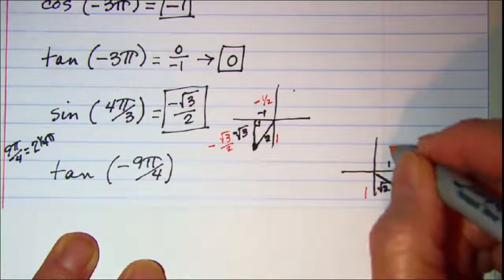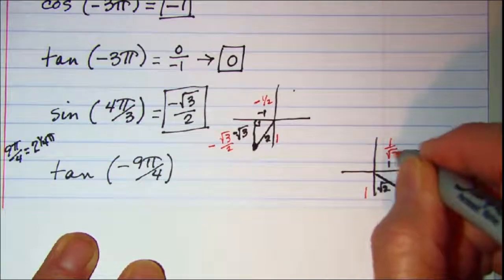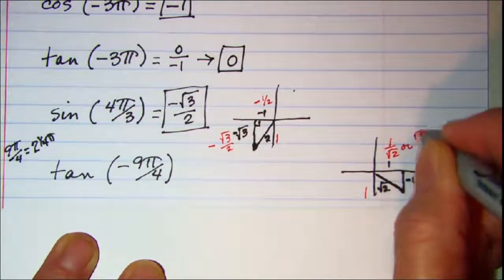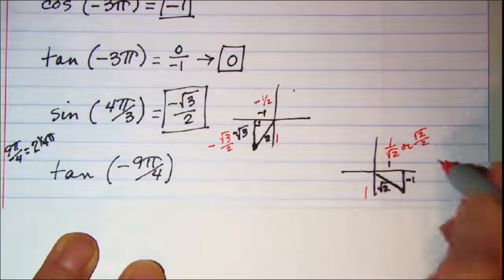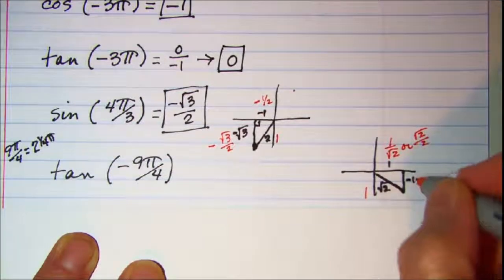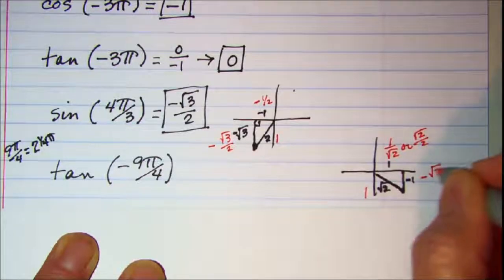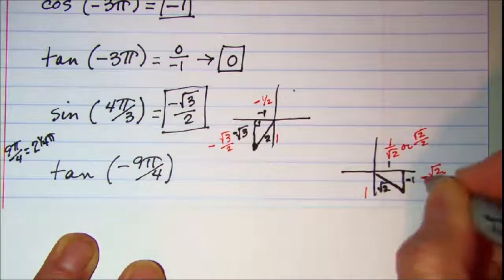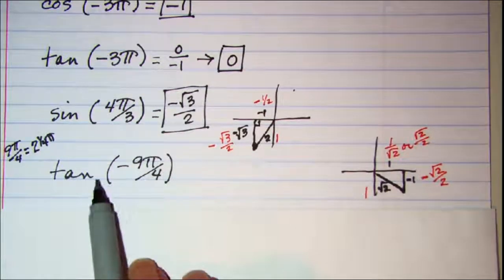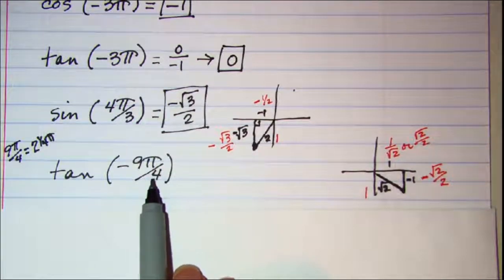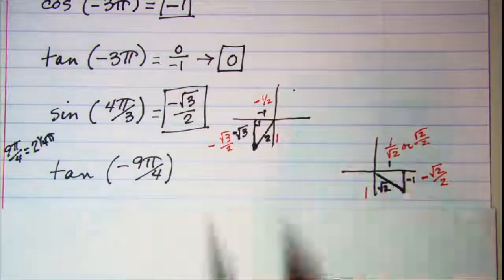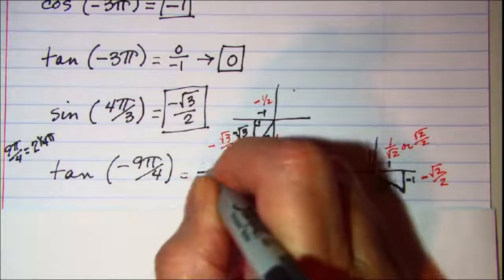So this would be 1 over root 2, or root 2 over 2, and this one would be the same, but it would be negative, so a negative root 2 over 2. So my tangent of negative 9 pi over 4 will be a negative 1.